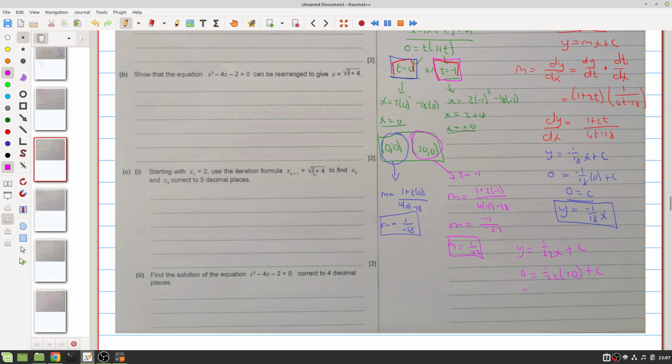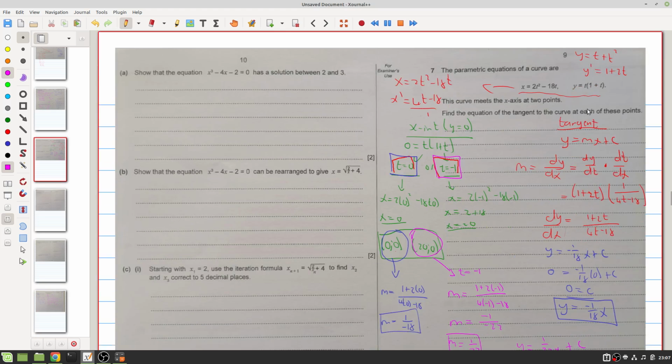If we take it across, it becomes -10 over 11 equals c. So our final equation, y equals 1 over 22 x minus 10 over 11. And there we go. Those are our two equations, this blue part and this pink part.